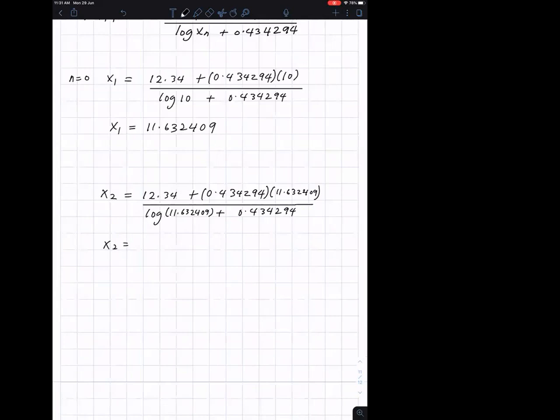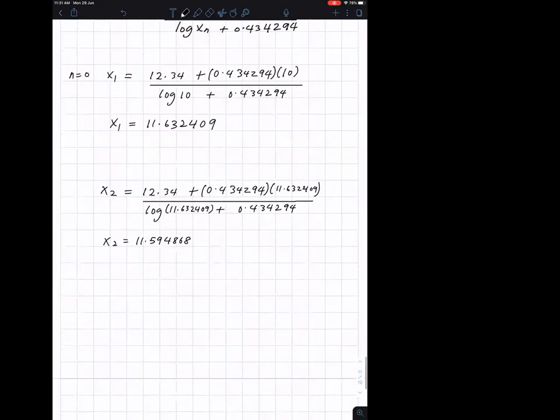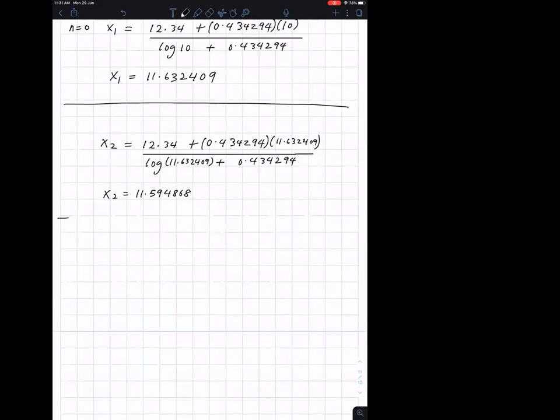That would give you x2. This is iteration 1, this is iteration 2. The next iteration is x3. It is the same formula.